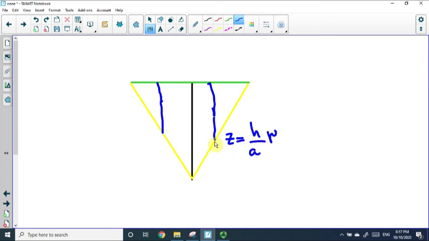So the lower limit of the integration over z will be from h over a times r until I hit the upper limit. But you can see that the upper limit is just a fixed value of z, and that's the height of the cone. So that's z equal h. From this, I know the limits of integration for z, from the lower side, which is the surface of the cone, to the top side, which is just the height of the cone.